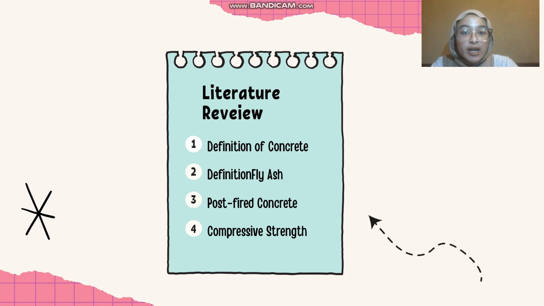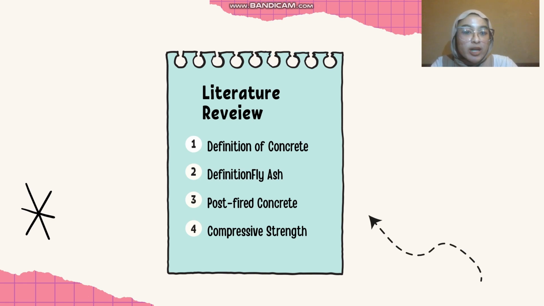The compressive strength of concrete that is burned at a temperature of 300 degrees Celsius is 1.082 MPa, and there is a decrease.